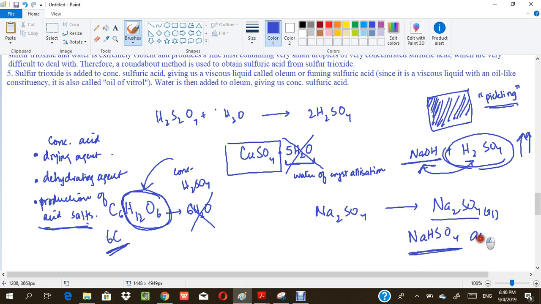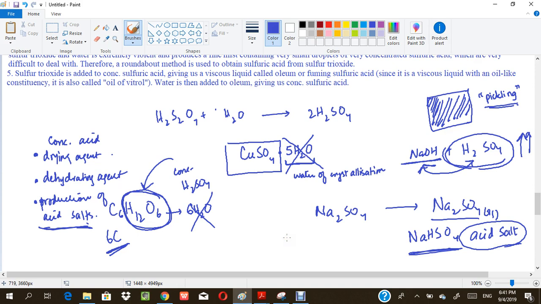This is an acid salt, meaning that if we dissolve sodium hydrogen sulfate in water, we are not going to get a neutral solution. Instead, we will get an acidic solution. The other properties and uses of sulfuric acid are written very well in your book, Prescott. You can go through those uses, and if there are any confusions, we can discuss those in the class.